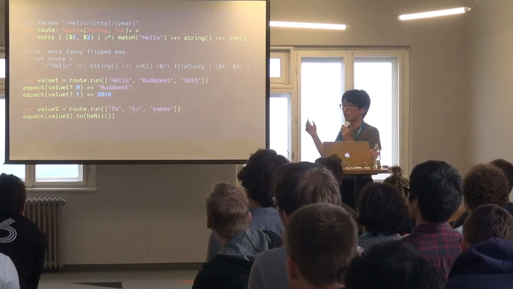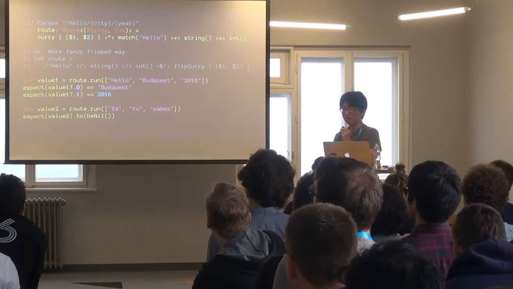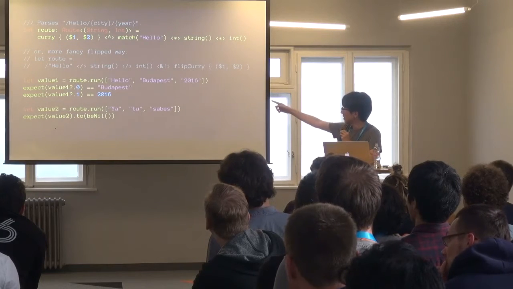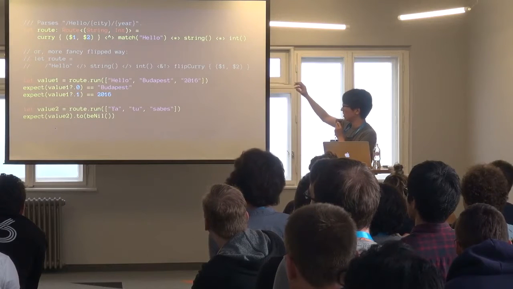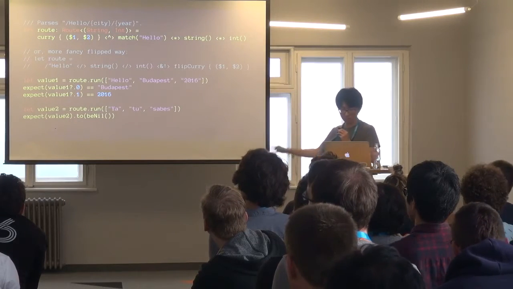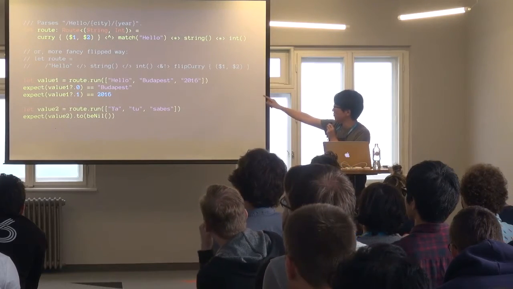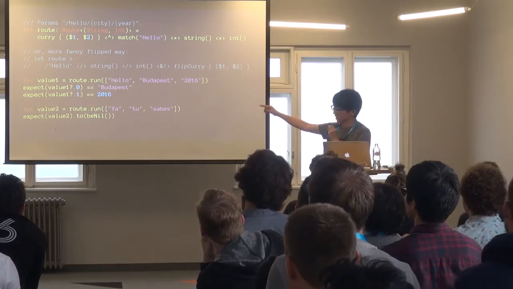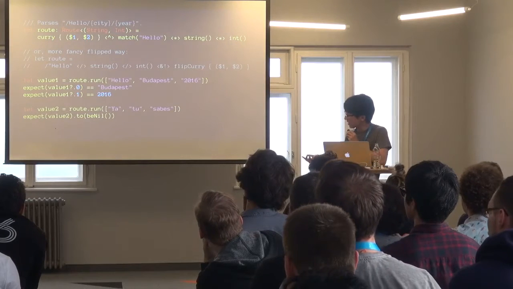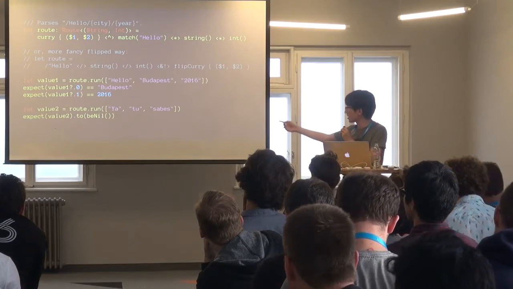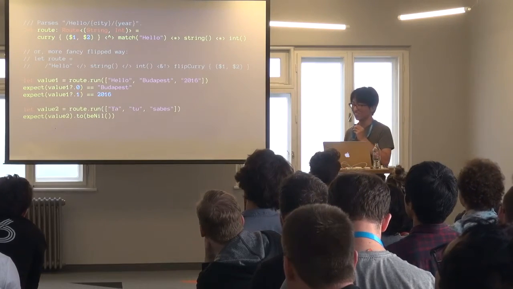Please notice that the whole process now has a type-safe output. If we run this route with hello Budapest 2016, you can just split the URL into path components, and you run it, and you get Budapest and 2016 with type safety. On the other hand, if you pass some kind of wrong URL, you get nil because the parsing failed.